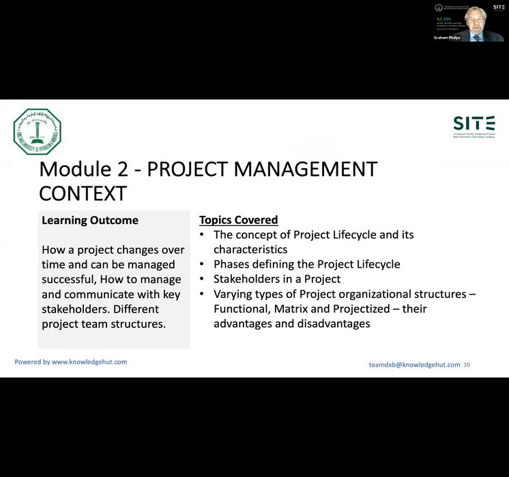Going to go into more detail around stakeholders and stakeholder management. This has now become very, very important in project management. The varying types of structure within an organization: functional, matrix, and projectized, which is difficult to say, but I'm doing my best. Now, the last one, by the way, you don't really have a choice on. It's something your organization will have adopted as its style of management.